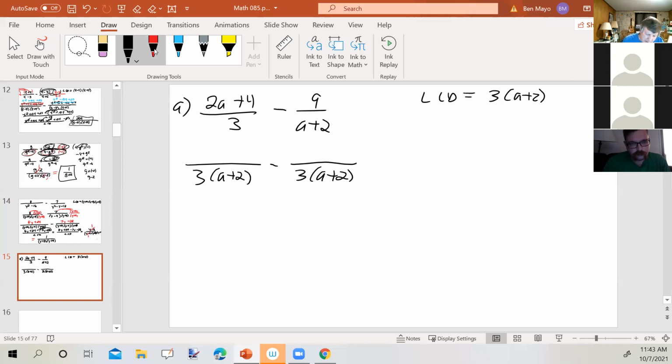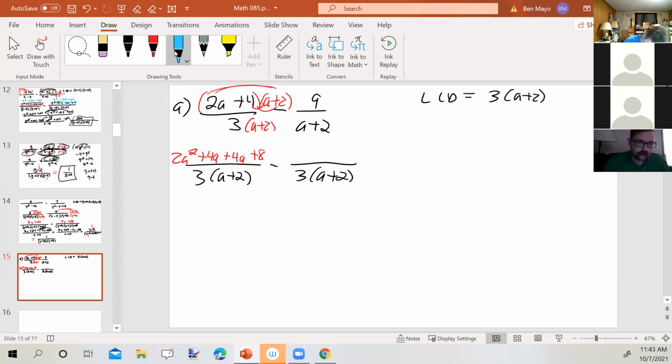So the first fraction, I need to multiply by a plus 2 over a plus 2. So my new numerator is going to be 2a squared plus 4a plus 4a plus 8, which combining like terms is 2a squared plus 8a plus 8.